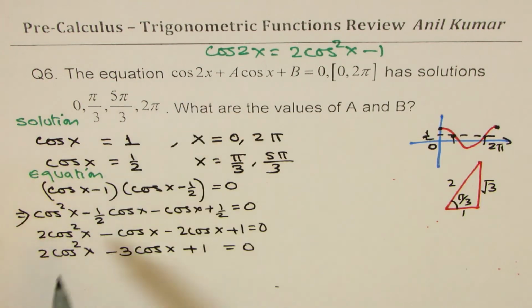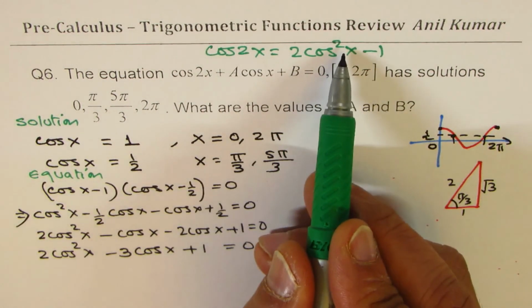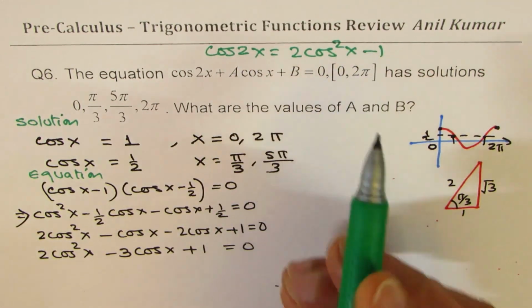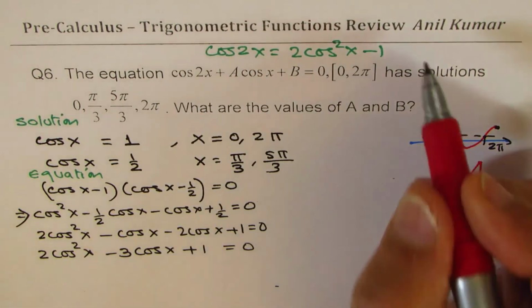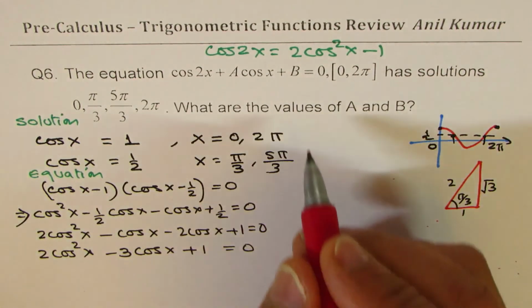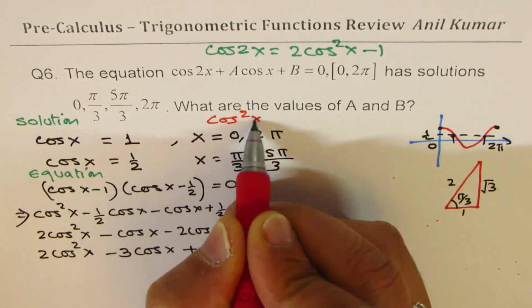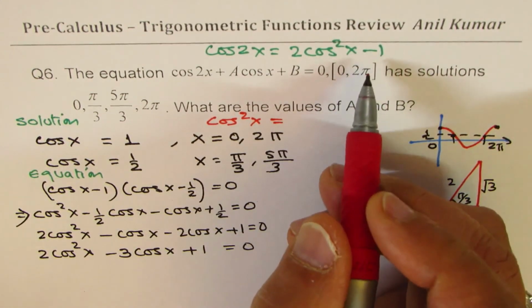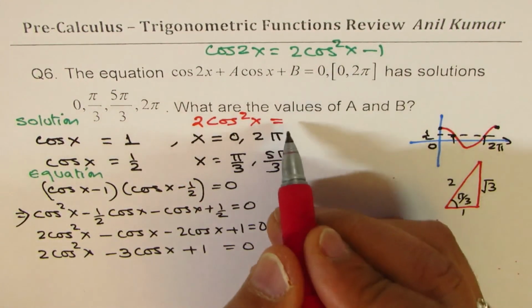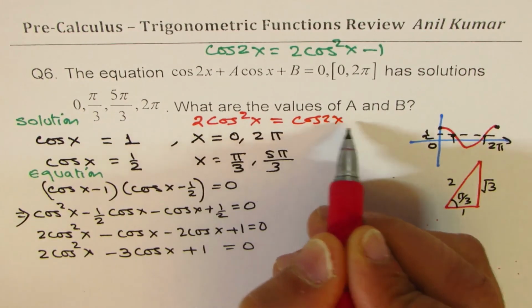So I can make it cos 2x. Do you see that? Or we can write 2 cos square x as cos 2x plus 1, right? So we could also rewrite this as 2 cos square x equals to cos 2x plus 1.